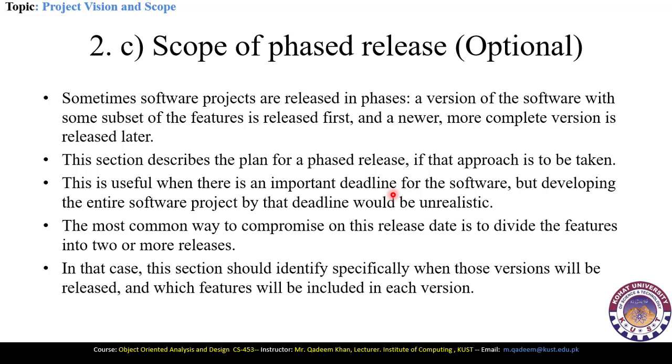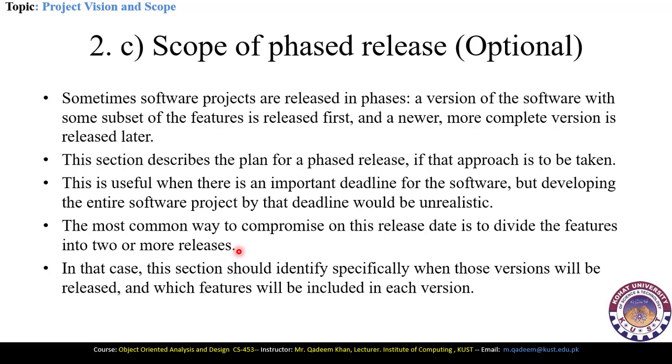So here we define the scope of all those features which have been released or which are going to be released. The most common way to accomplish this is to divide the features into two or more releases. So we have to define the date of each and every release here. It is better to define the date and divide the features into two or more releases.